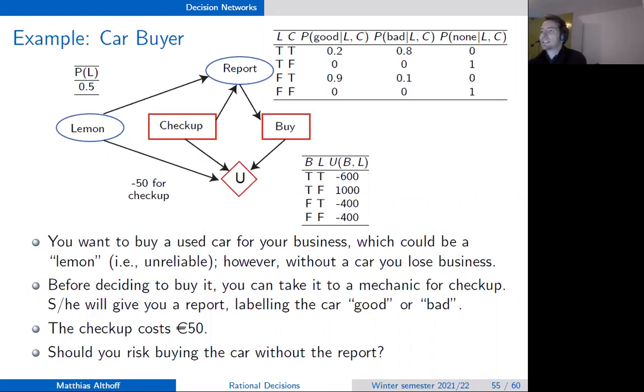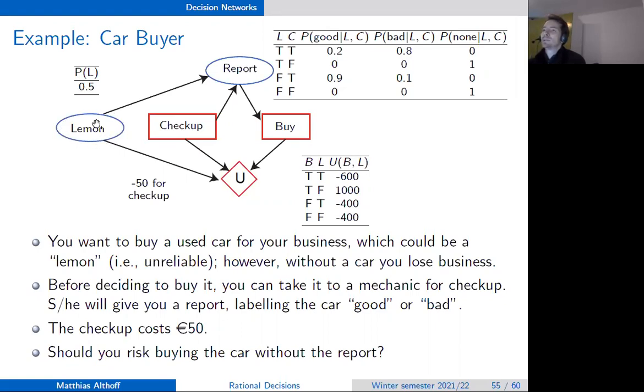However, of course, in inner city areas, a bicycle is more environmentally friendly and even faster in many cases. But for your business, because maybe you have to carry a lot of heavy stuff, a car is better. And you don't want to spend a lot of money, so you go to a used car dealer which doesn't have the best cars, so the probability that your car is a lemon, so a bad car, is 50%.